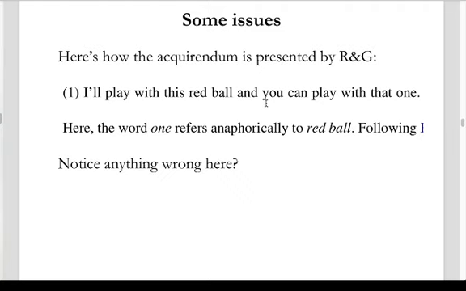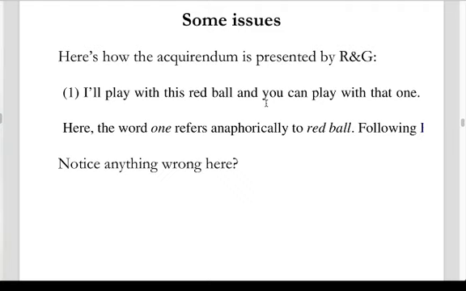I'll play with this red ball, pointing over here, and you can play with that one, pointing to the blue ball over there. Perfectly fine in English. The point here is that this is always ambiguous between the multi-word antecedent red ball and the single word antecedent ball. And the n-bar theory allows us to capture that because those are both n-bar level constituents in that theory.